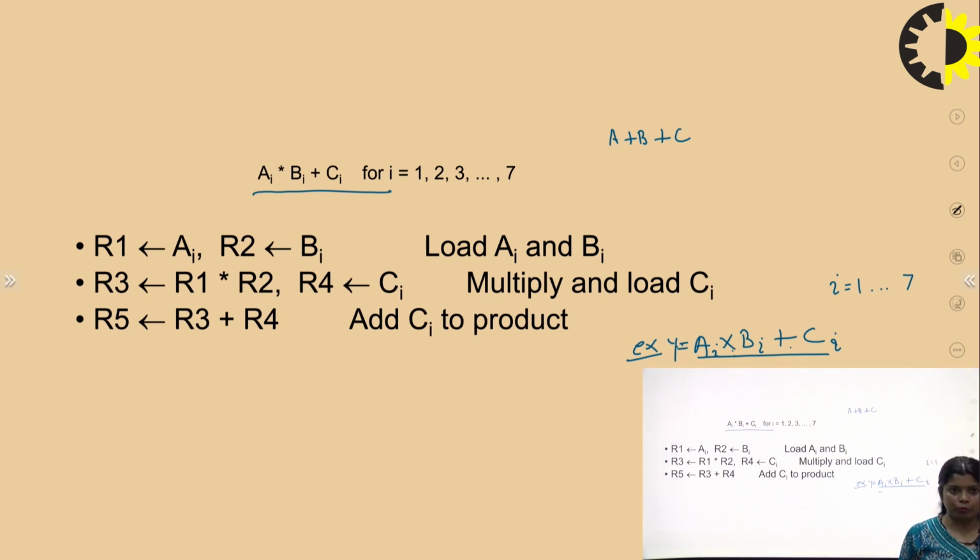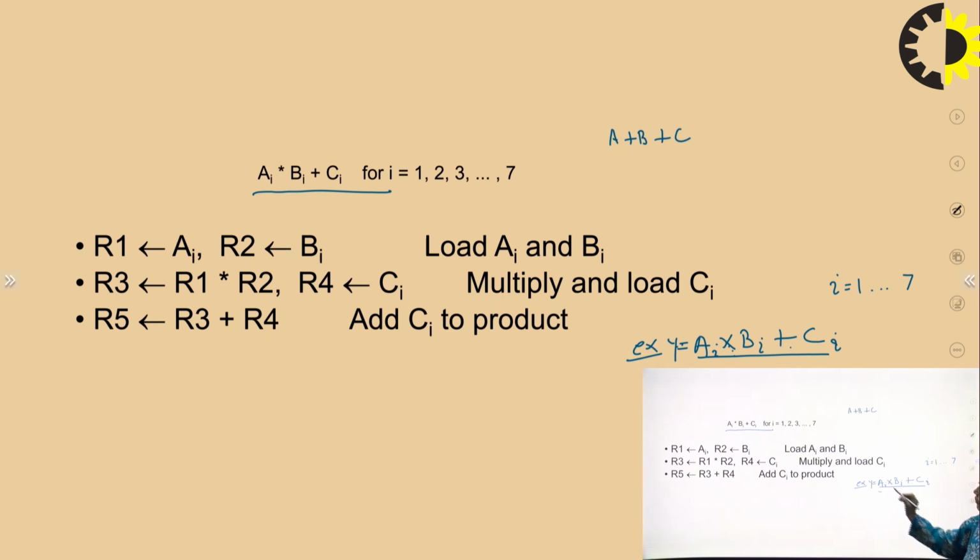Because two opcodes are there, there is a 3-stage pipeline. You can calculate it from the number of opcodes in your instruction. If there are 2 opcodes, there is a 3-stage pipeline. If there are 4, a 5-stage pipeline. Here there are 2 opcodes, so it is a 3-stage pipeline.